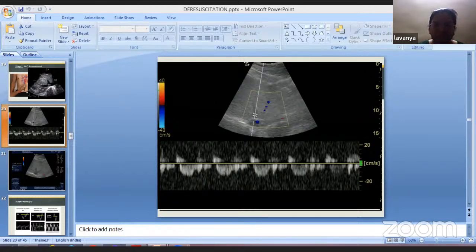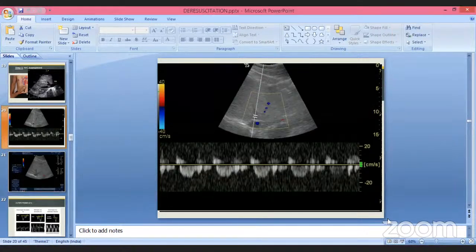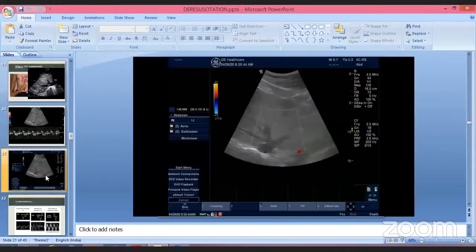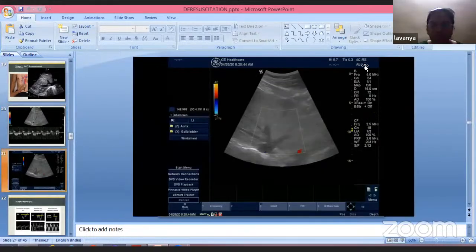Sorry, sir. Are the images changing, sir? Have you changed it now? Now I'm seeing hepatic vein Doppler assessment. Yeah, please continue. I wanted to show the video, sir.